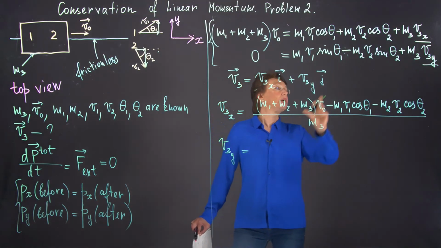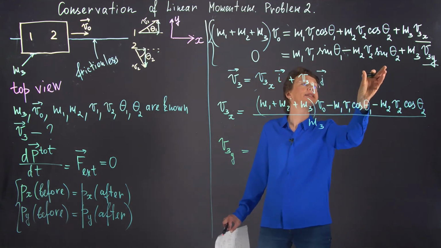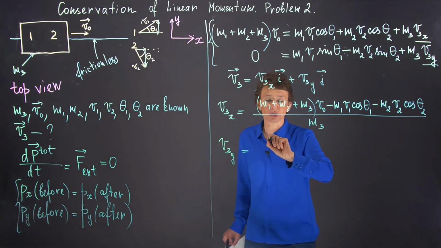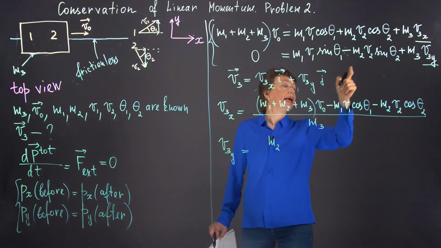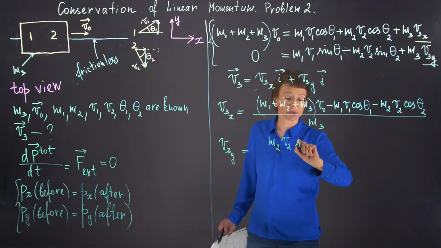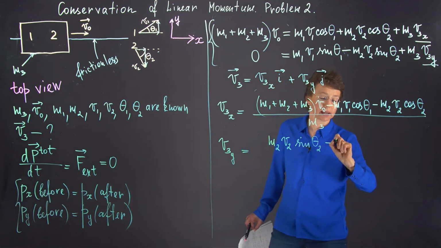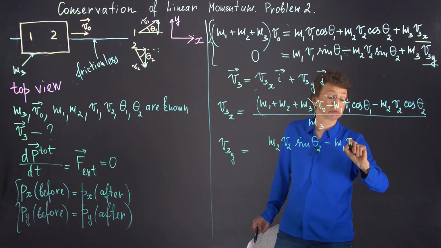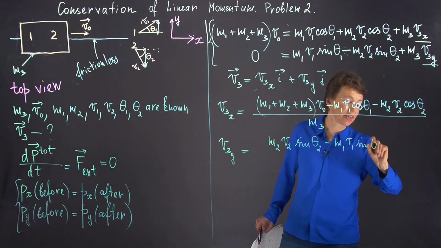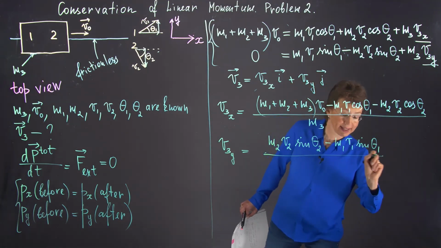I bring these two terms to the other side of the equation. So v3y will be m2 v2 sine theta 2 minus m1 v1 sine theta 1, divided by m3.